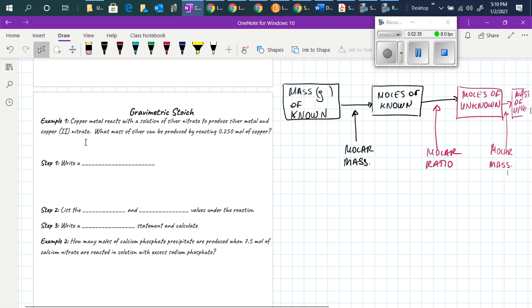So what we have is copper metal reacting with a solution of silver nitrate to produce silver metal and copper 2 nitrate. The very first step, as with everything, because we need to know the ratios, is writing a balanced chemical reaction.